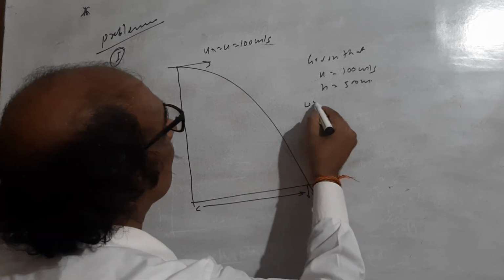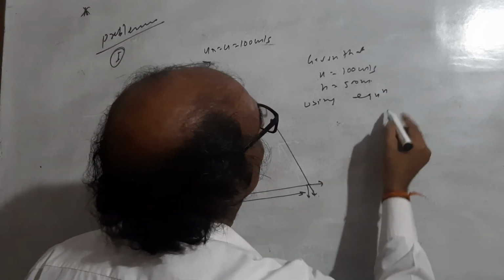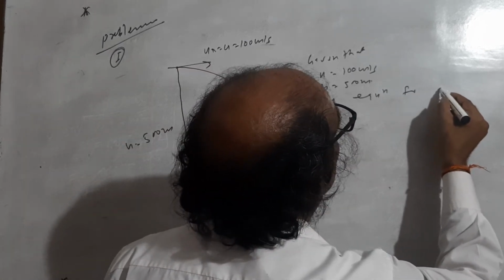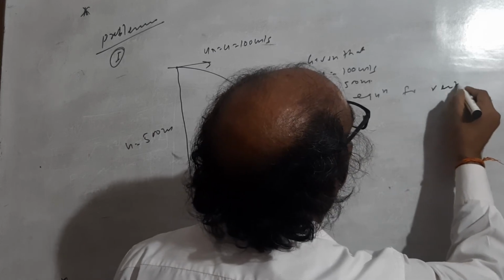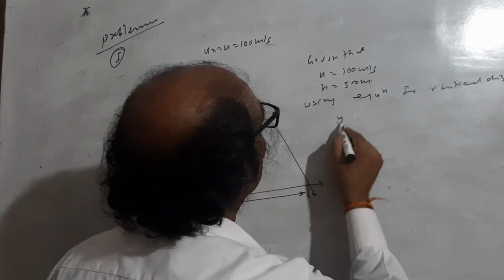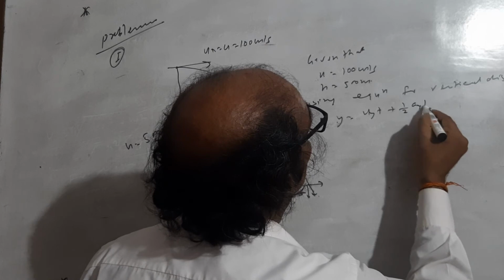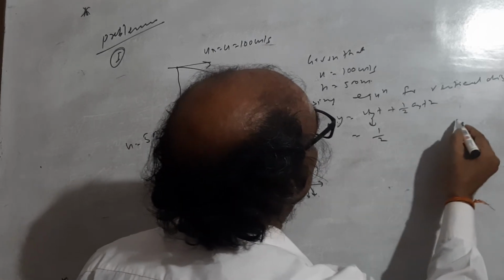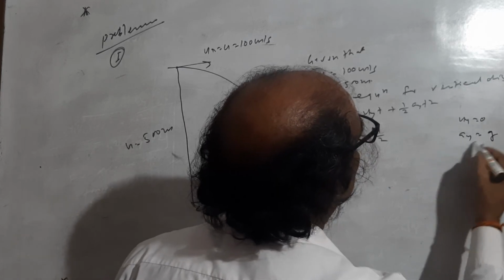So using the equation for vertical displacement, y is equal to uyt plus half ayt square. Here uy is 0, and ay equal to g.